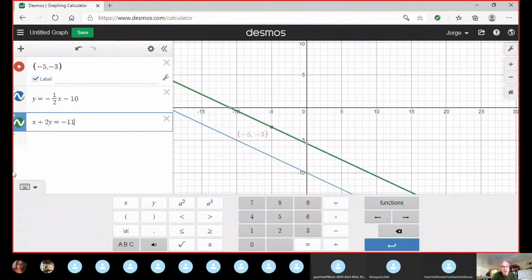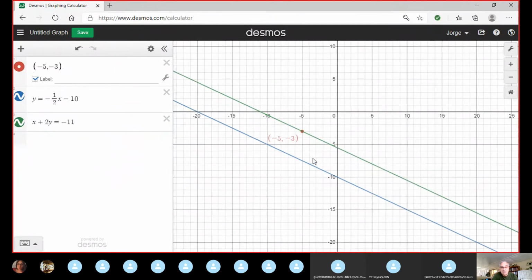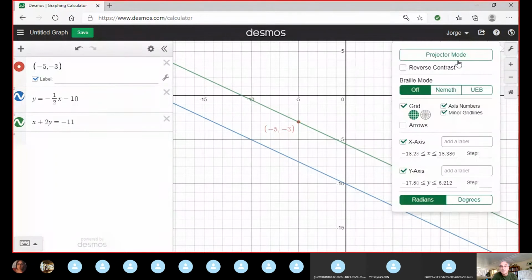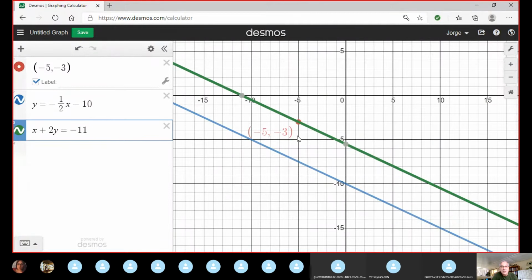Oh, look at that, the answer. The green line is the graphic representation for the new line we found. And this line is parallel to the given line, which is blue, and passes through the specific point, the given point -5, -3. Do you understand the idea geometrically clear now?